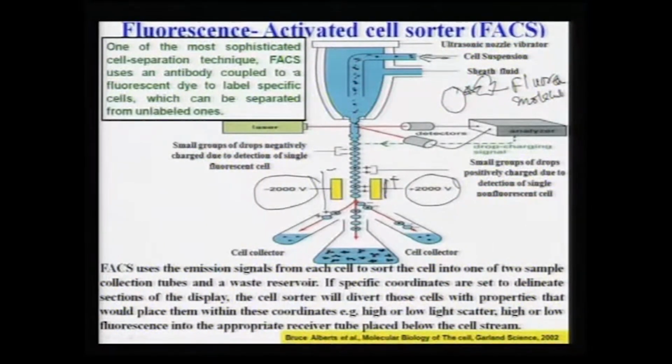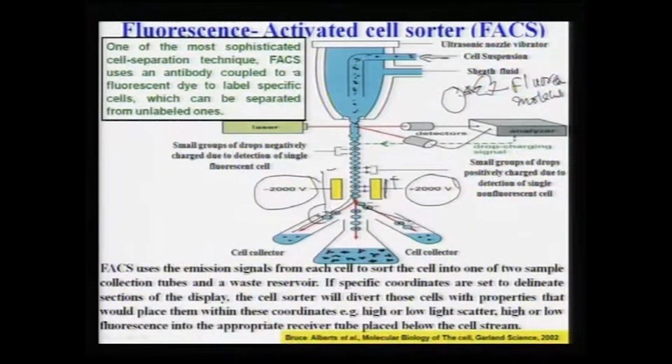Depending on the molecules tagged to the cell surface, certain cells will be separated in this way, certain other cells will be separated into another test tube, and the cells which are unaffected by the electric field will go straight and accumulate at the bottom. Now, what types of cells are being accumulated? This will be towards the positive electrode.